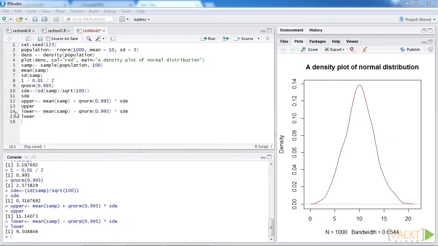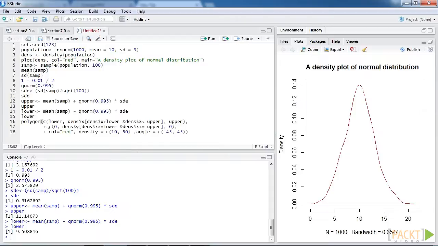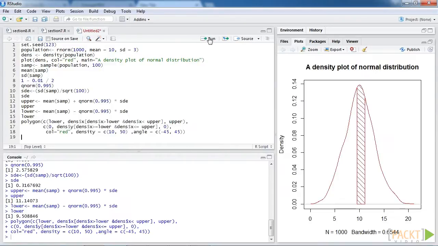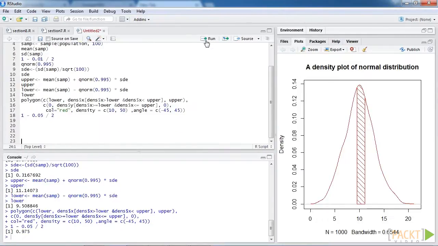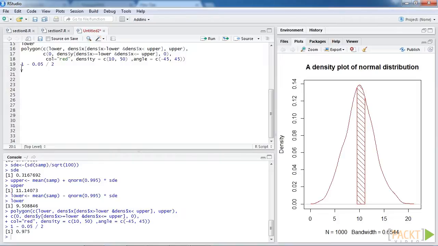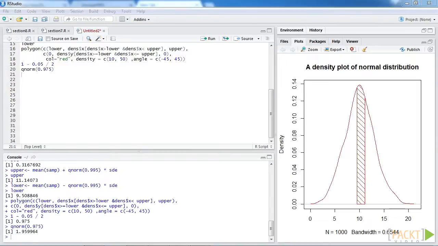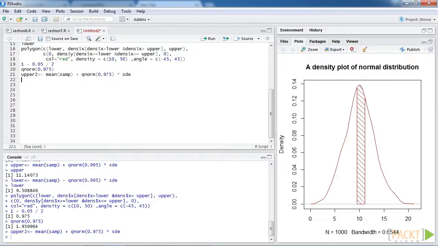Now we'll shade the area between the lower and upper bound of the density plot. The code for that is this. When we run this code, we see the area is shaded. Now we can find the number z such that the area under the standard normal curve between negative z and z is 0.95. To do this, let's use qnorm function. Let's now check what happens if we compute the range of confidence at 95% level.